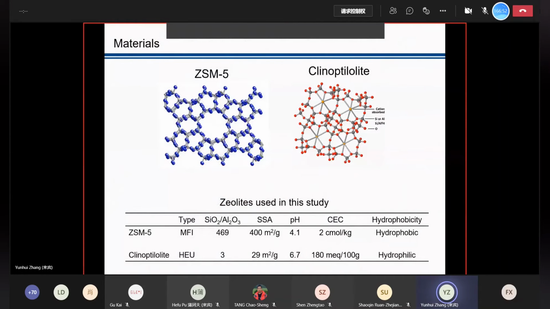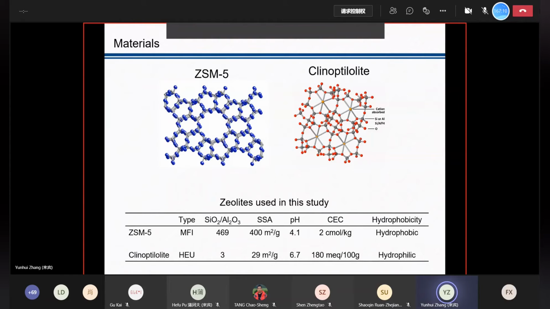As for the materials, as I just mentioned, we chose zeolite as the reactive medium, specifically hydrophobic and hydrophilic zeolite, that is clinoptilolite and ZSM-5.